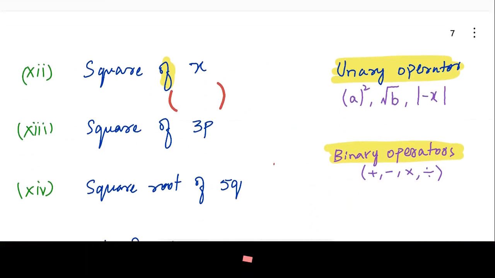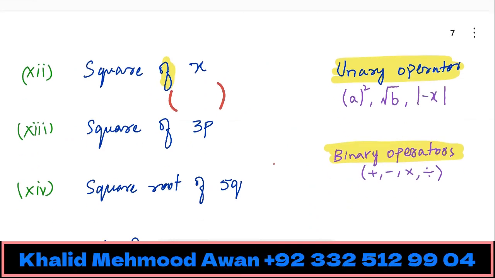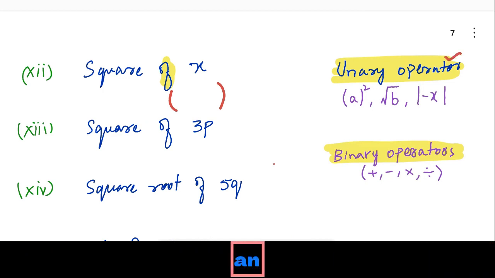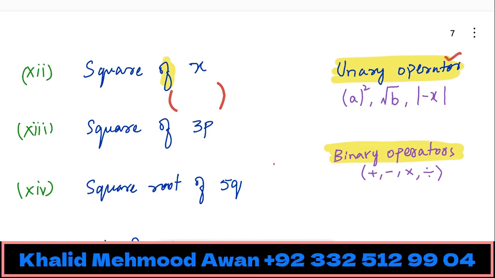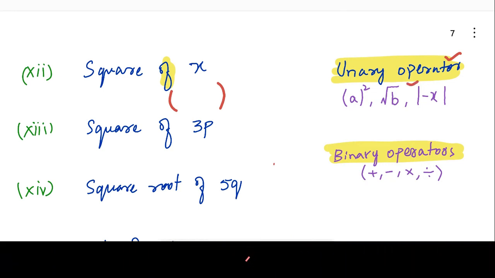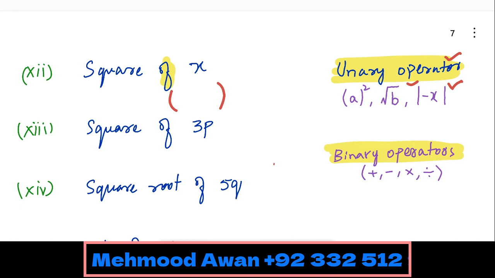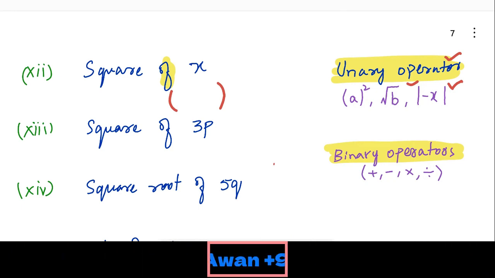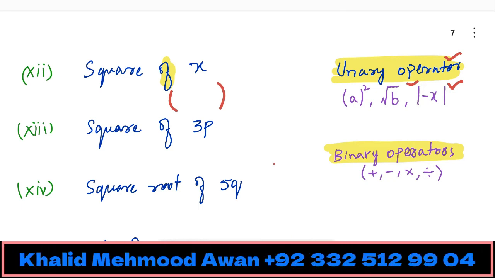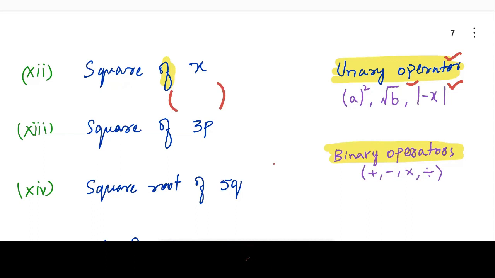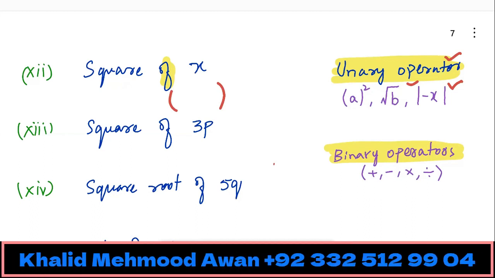Now what about the other number? So we will see on the right hand side, it says unary operation. So square is a unary operator. Similarly, square root is a unary operator, and modulus sign is a unary operator. So these operators need only one variable or one term. So there's no need to worry about the other terms.